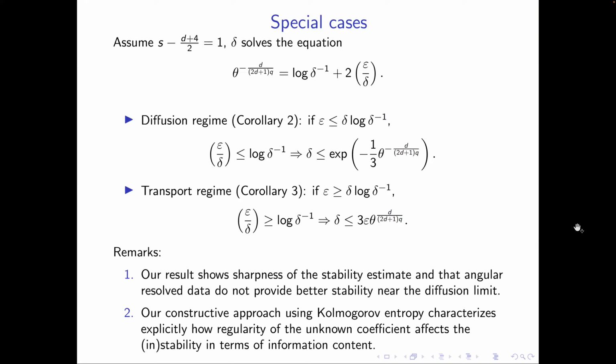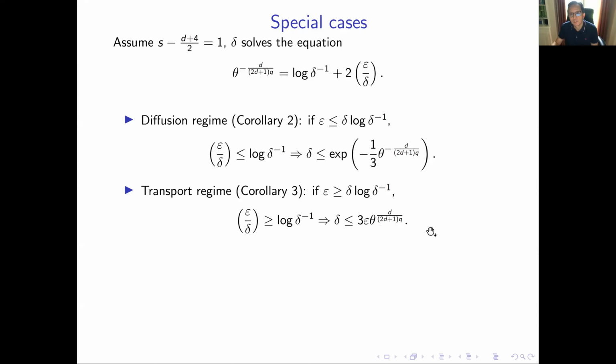I don't know if you mentioned this earlier in the talk, but do you know if there are any results for having angularly averaged sources and measurements? I think ours is all angular. Our sources do not depend on angle either.